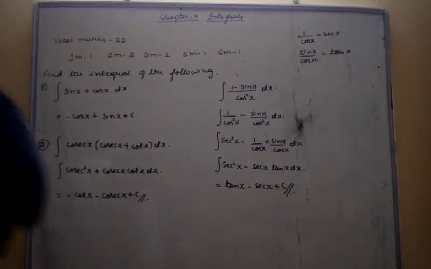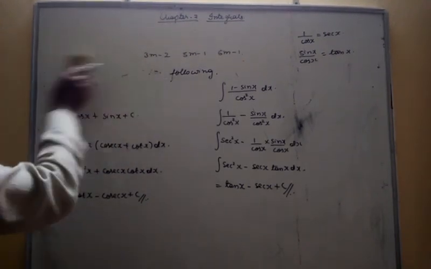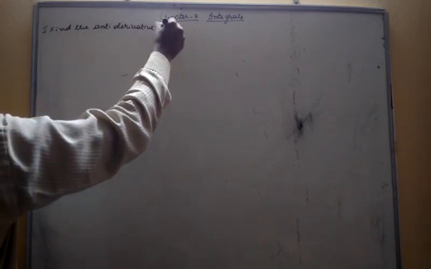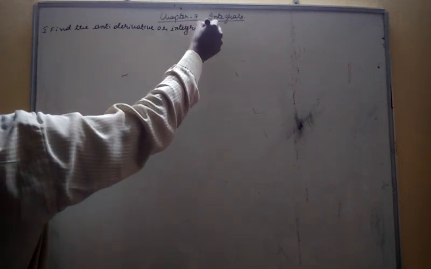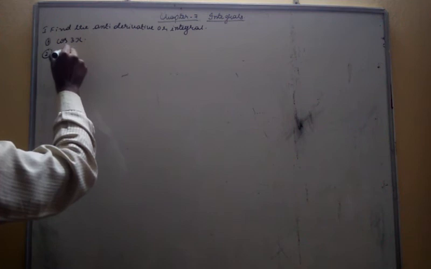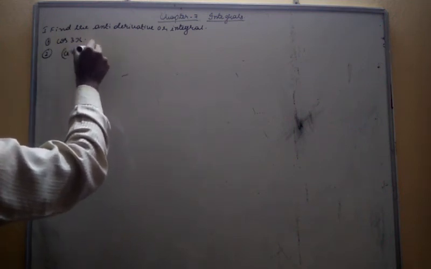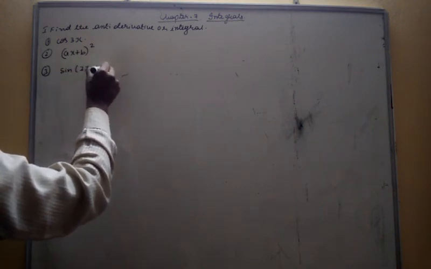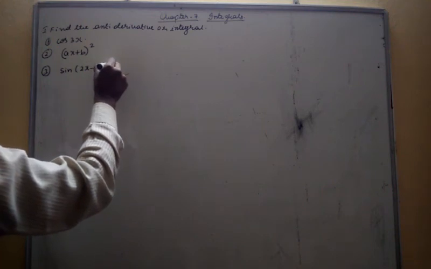Find the antiderivative or integral. Okay, so the first one is cos 3x, then the second one is (ax plus b) whole square, then the third one is sin 2x minus 4e to the power of 3x.